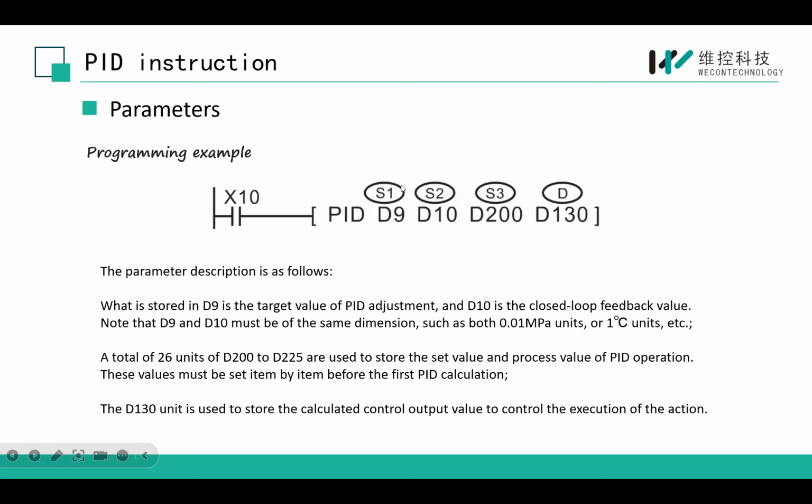We cannot set, for example, D9 in degrees Celsius, and the unit of D10 not in degrees Celsius. And after we trigger X10, we get the output value from D130.